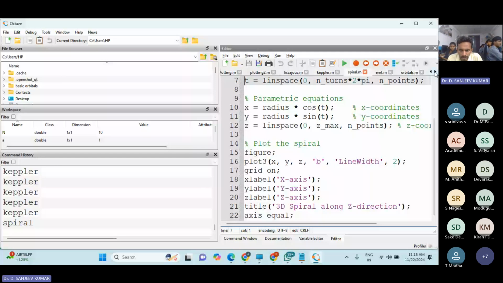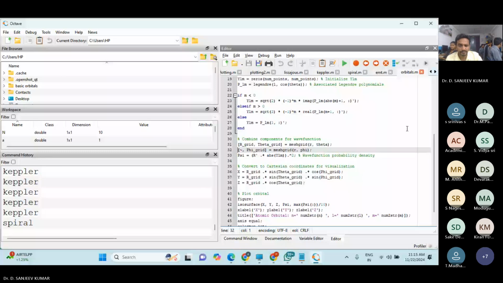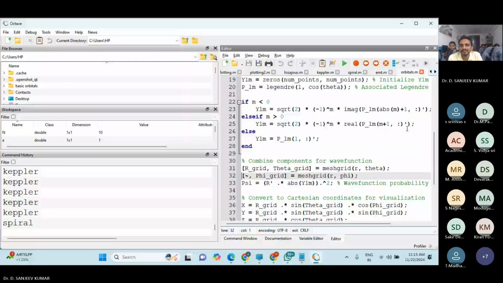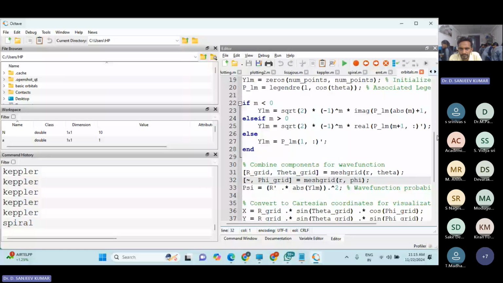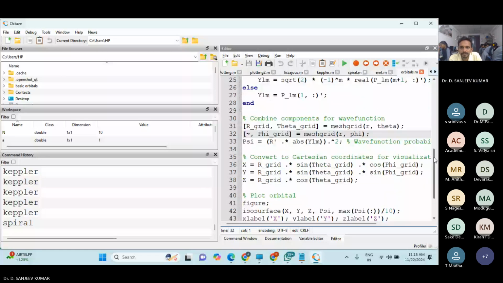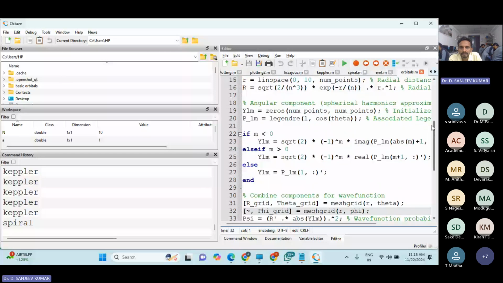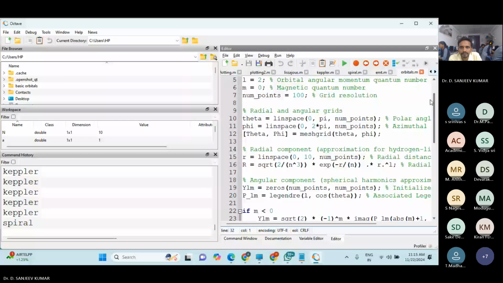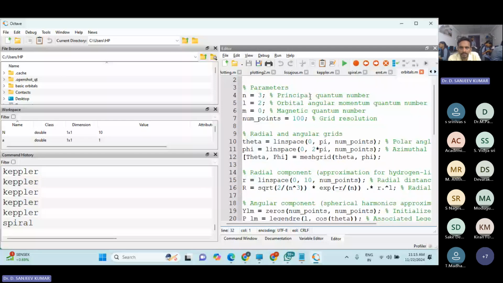So here we can plot orbitals. So here it is considered n is equal to 3, L is equal to 2, and M is equal to 0.